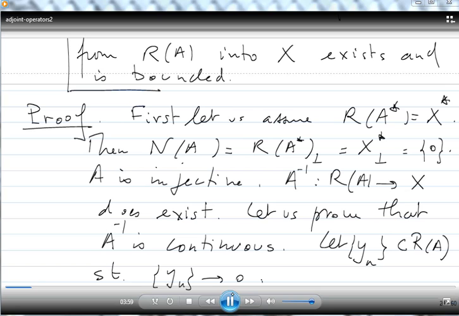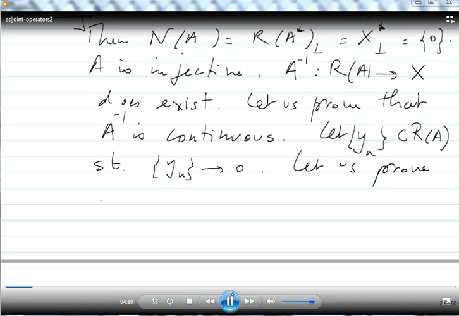In other words, we are trying to prove that A inverse is continuous at 0. Let us prove that A inverse of yn goes to 0. Assume not.